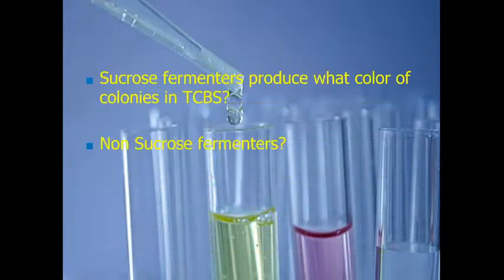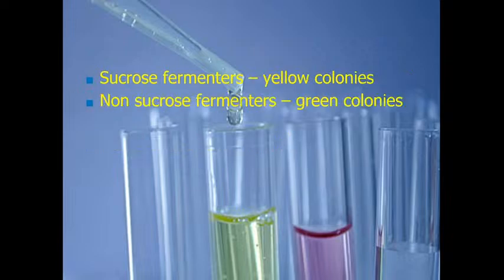Now, let's talk about sucrose fermentation. I remember earlier that it's a facultative anaerobe, therefore it's capable of oxidation as well as fermentation. So a sucrose fermenter produces yellowish colony formation in TCBS, while a non-sucrose fermenter produces green colonies.